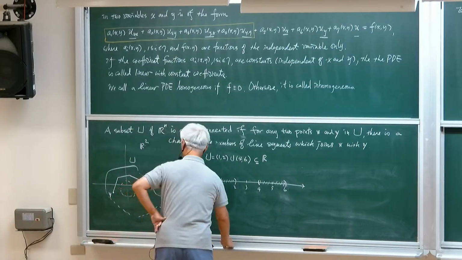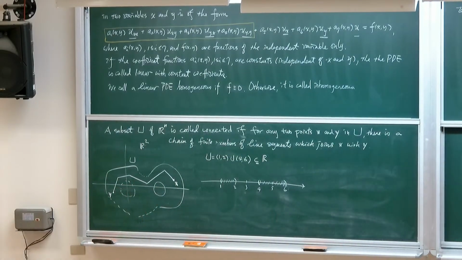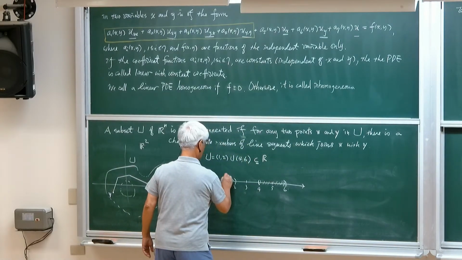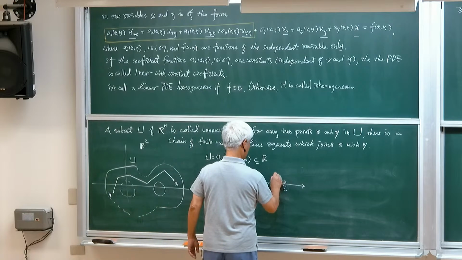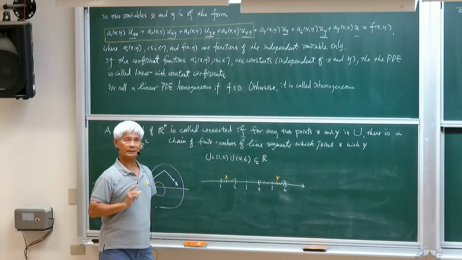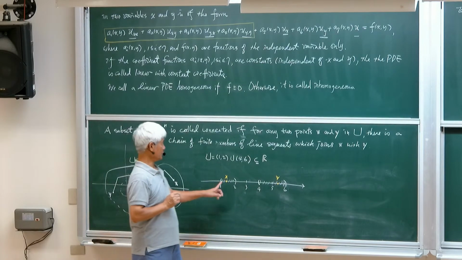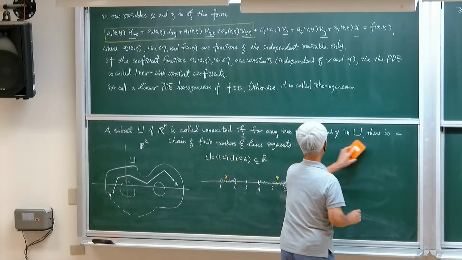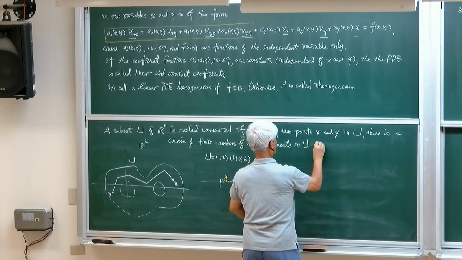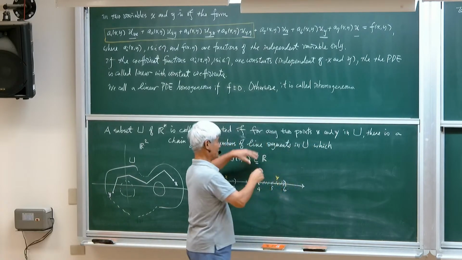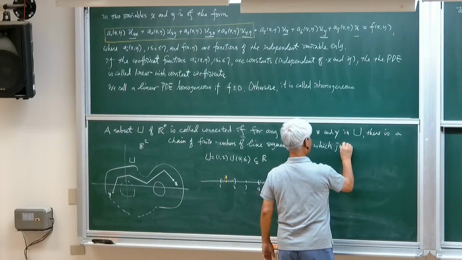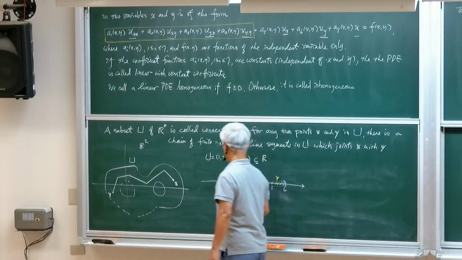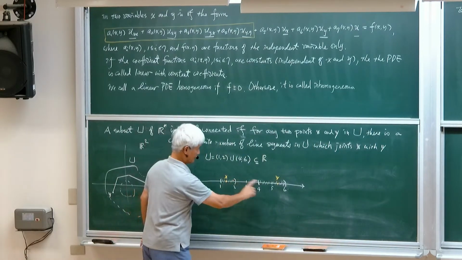If you pick up a point x in the interval here, 1 to 2, and pick up a point y, can you find a chain of line segments, in U of course, which joins x and y?